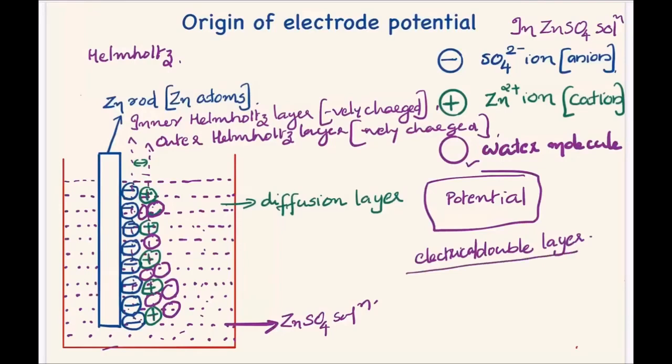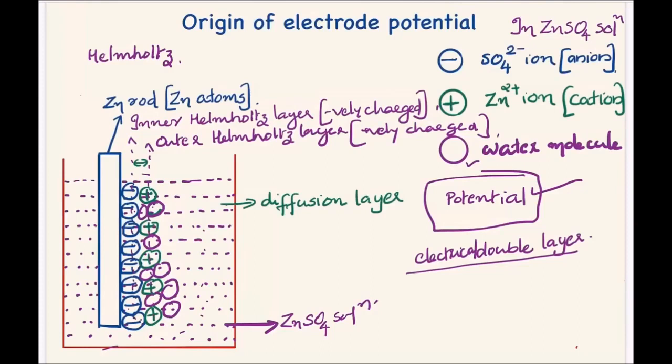So electrical double layer contains one inner Helmholtz layer and one outer Helmholtz layer. Both layers are having different charge or opposite charge, and they are separated by a distance, so potential will develop. This is the reason why a single electrode gets its own potential.